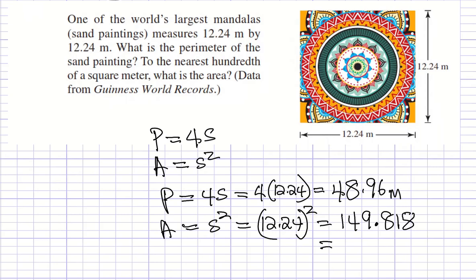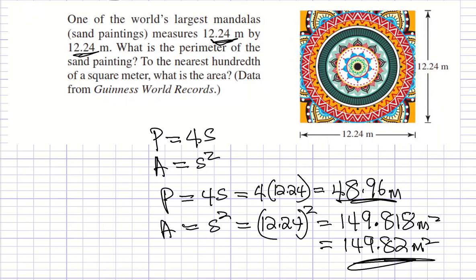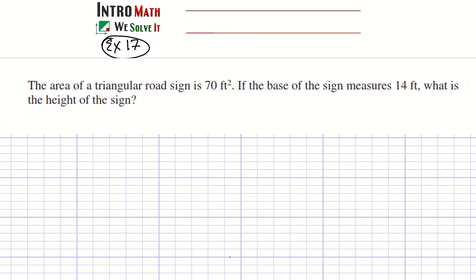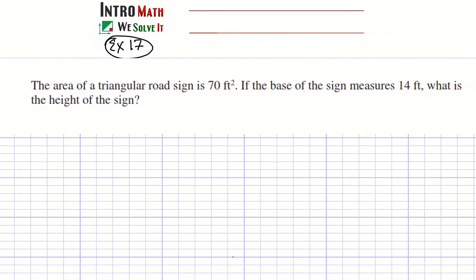So if we approximate that to put it in 2 decimal places, it will be 149.82 meter squared, okay, in 2 decimal places, because we are given 2 decimal places. All right, so we're done with that. There's nothing to check because they gave us the data, and they're gonna give us the formula, and then we'll put the data into the formula and we'll solve it, okay.